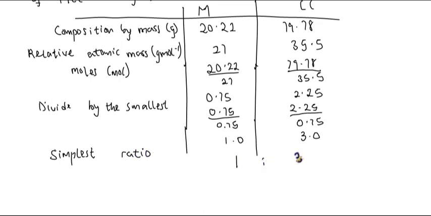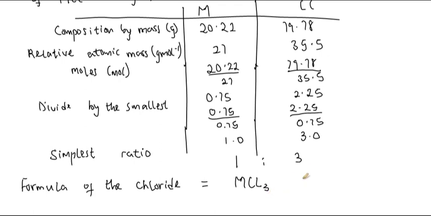1:3. So making the formula of the compound, that is the formula of the metallic chloride, to be MCl, then we have subscript of 3.